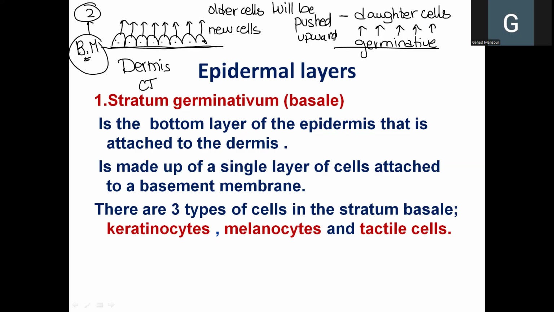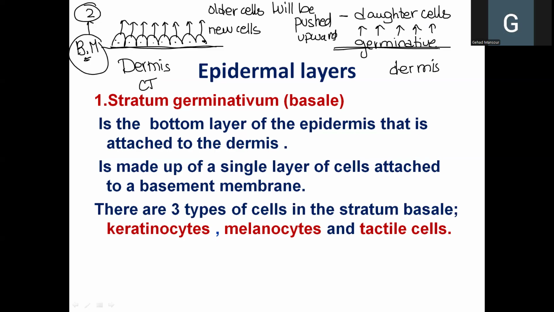The first is that it represents a base layer on which the cells of the germinative layer sit or are attached. The other is that it allows the germinative layer to be attached to the underlying dermis.